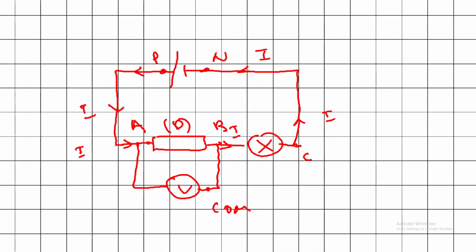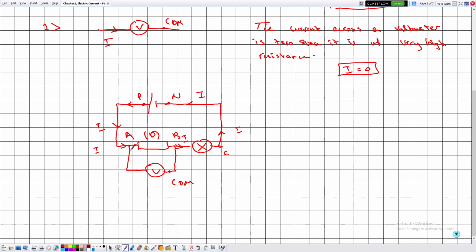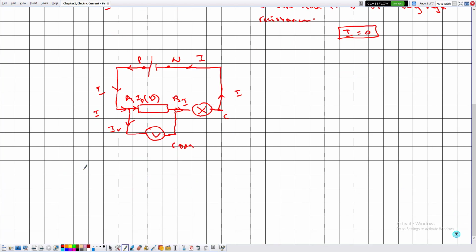So the main current I reaches the point A, so we expect that at the node A, the electric current must split into two currents. Suppose that this is IV for the voltmeter and this is ID for the component D. Now let me make stuff clearer here. This is the point A, this is the component D, this is the electric current ID, and this is IV.